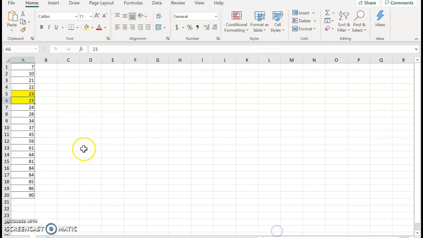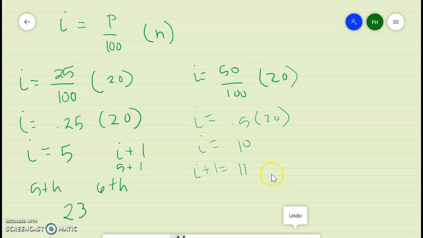So go to your 10th position and you see you have 37, and the 11th position is 45. So if you average those, 37 and 45, you will get, I believe, 41.